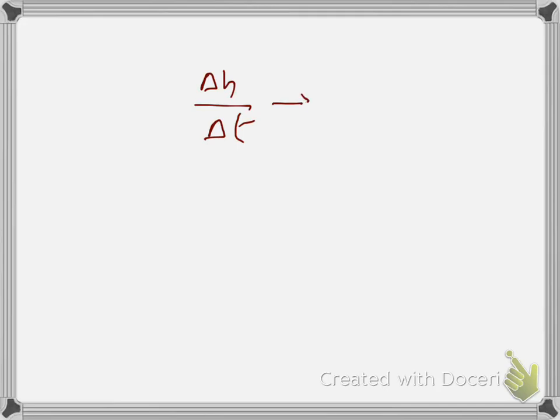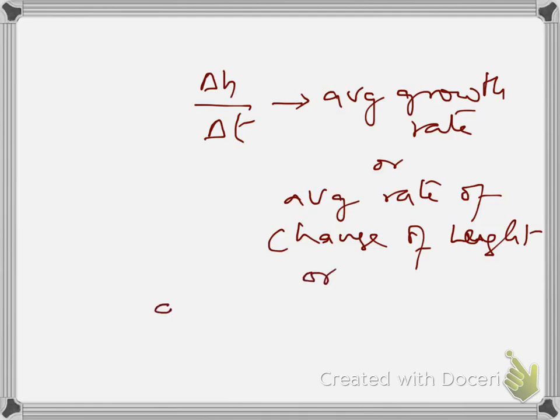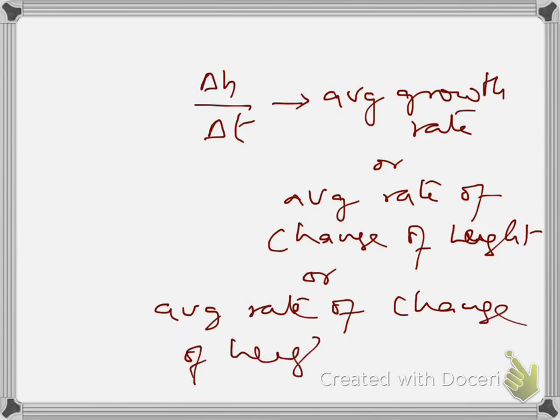This is only giving you average growth rate, or you can say average rate of change of height, or to be more precise, average rate of change of height with respect to time. WRT is my shortcut for with respect to.